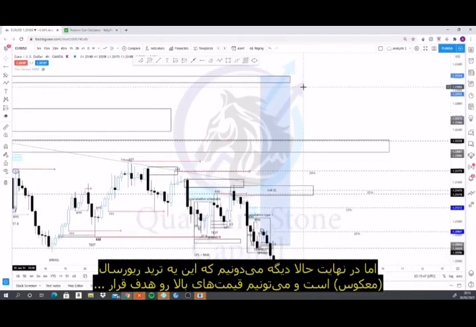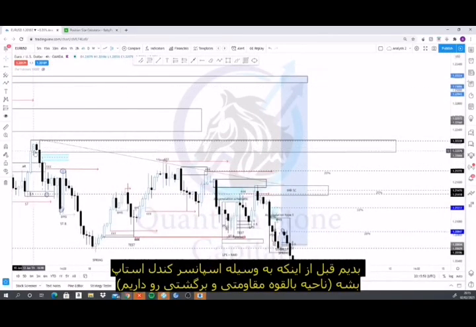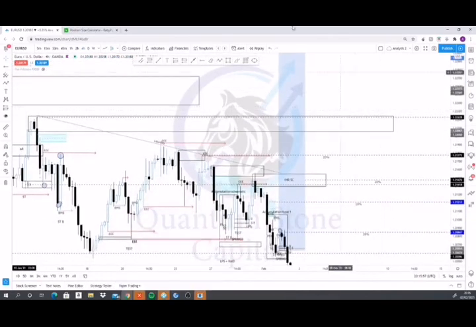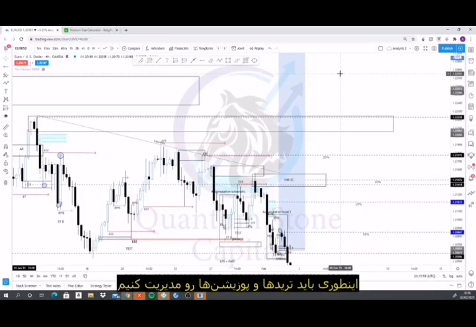But ultimately now we know it's a reversal trade, and we can start looking for higher prices upon getting stopped at that sponsor candle there. So yeah, that's just a bit about how to manage a trade position.